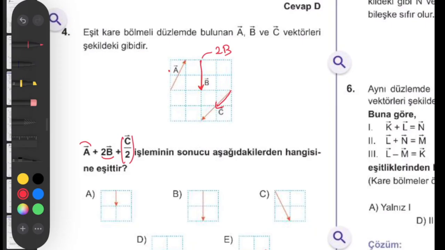So you can now add to each other. So you can carry A to B. I'm going to carry A to B. I don't change anything. I just carry the vector like this. And I can carry C to B like this. So you can follow the arrow like this.